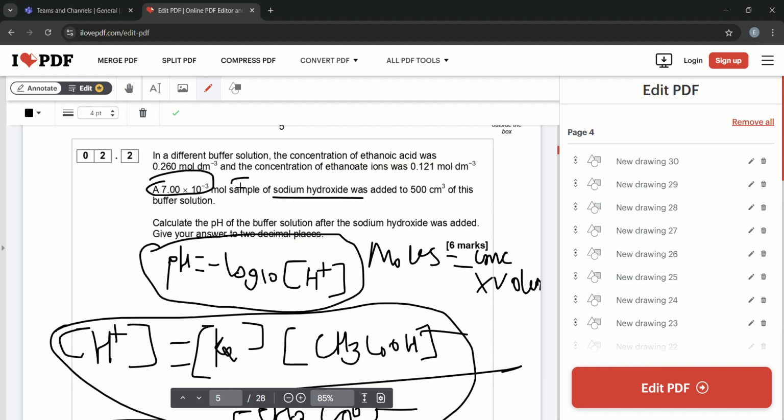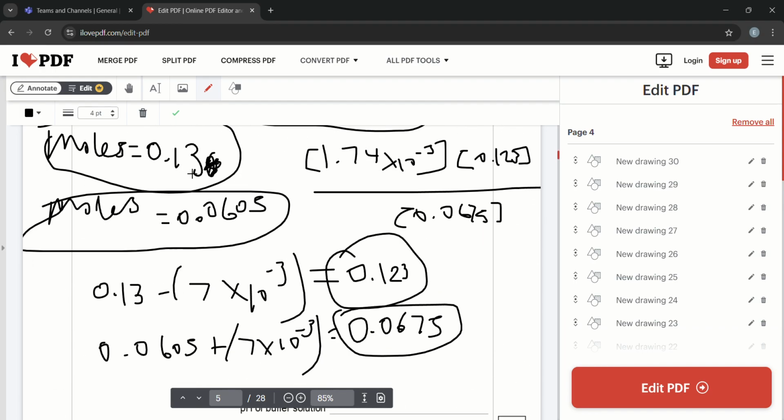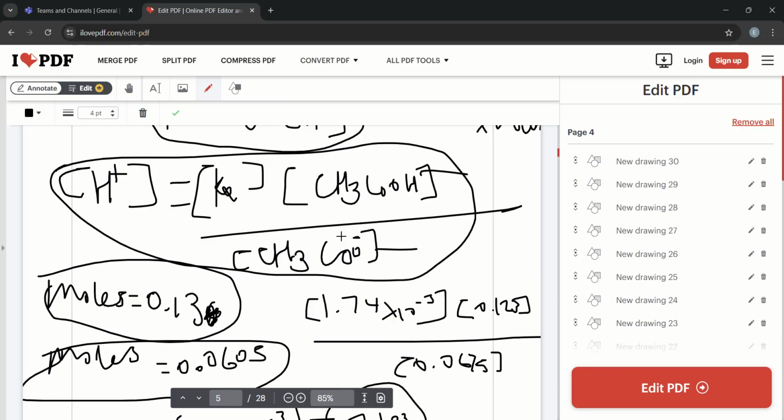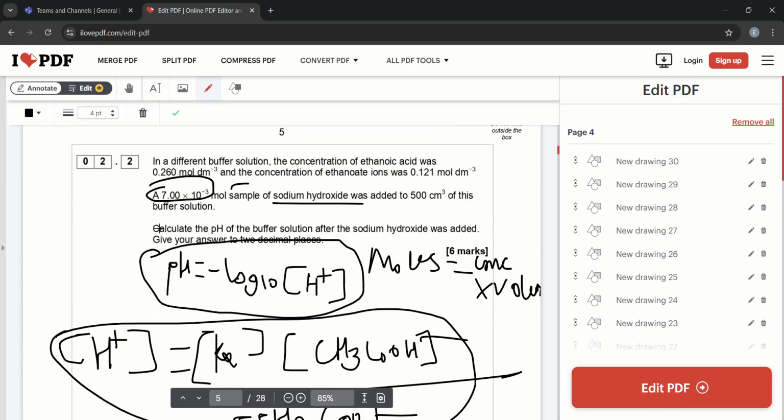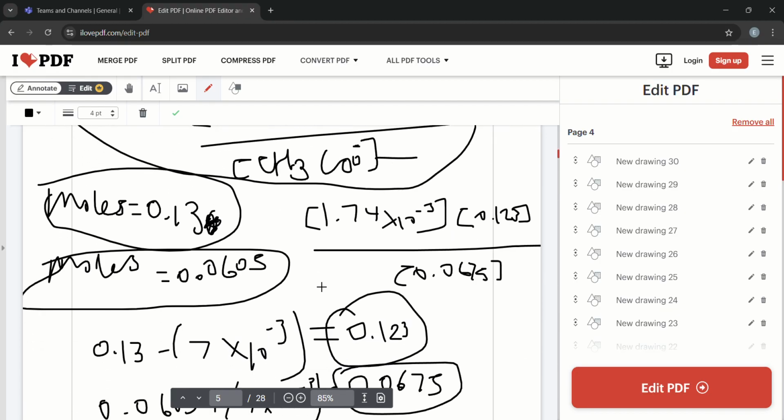So we take our current moles minus the 7 times 10 to the power minus 3 for the acid, and for the CH3COO minus, we add 7 times 10 to the power minus 3. We get the moles, substitute into the equation. That's simple: find out the moles, subtract the sample, add the sample, get the moles, and substitute into the equation.